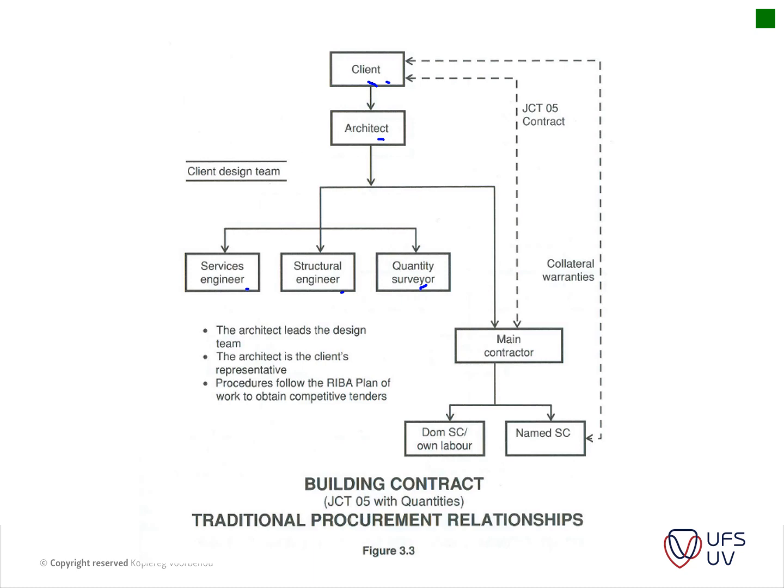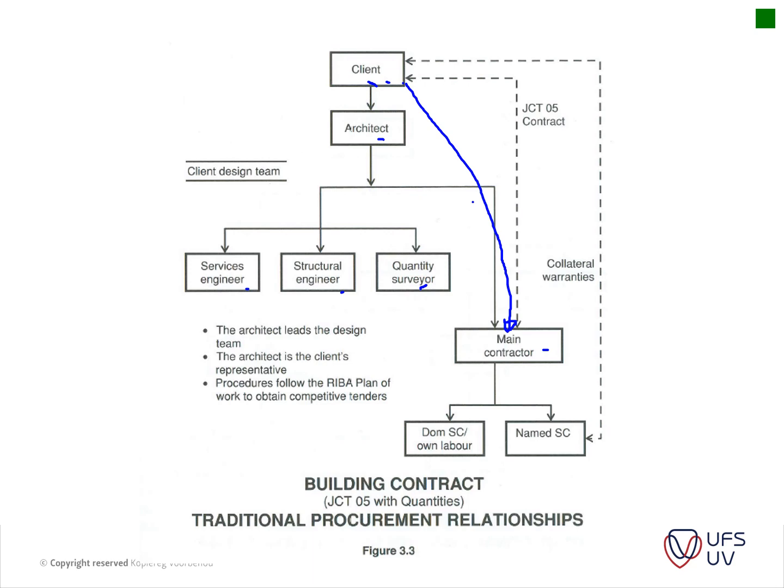And then through the procurement process, the architect usually advises the client on which contractor to appoint. So the appointment is still between the client and the contractor. This is just usually the inflow of information that they're depicting here.